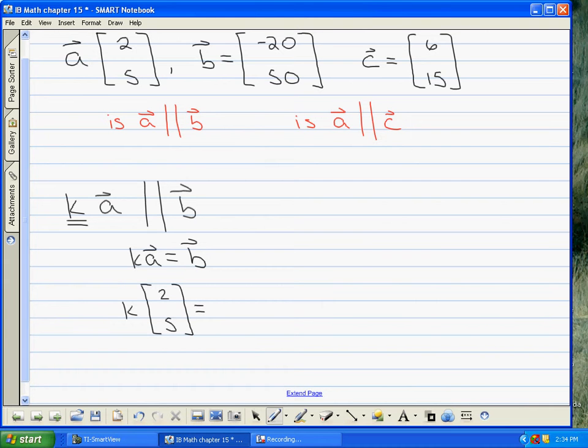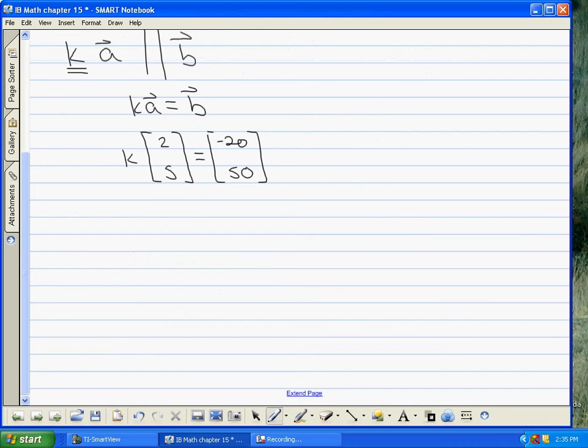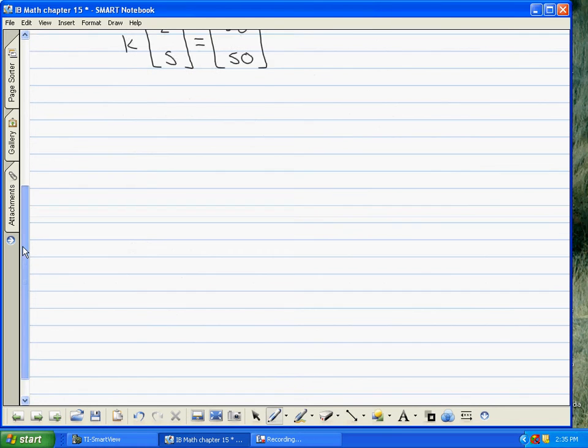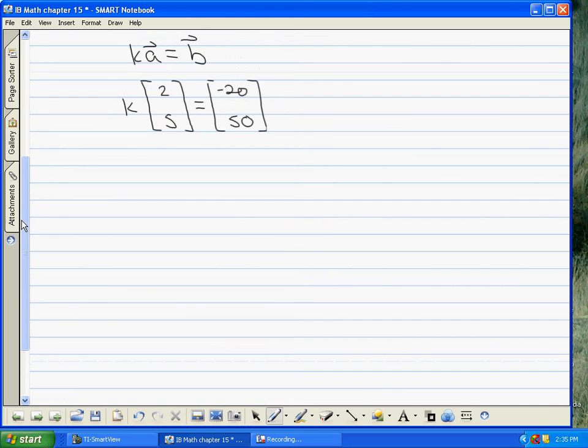And can I make that equal negative 20 over 50? Well, using some simple steps of math, I could use the distributive property, and that gives me 2k, 5k will equal negative 20, 50.